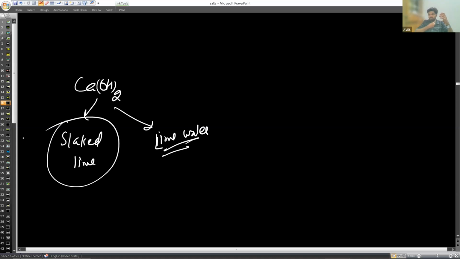Like you can assume that you have milk, and when milk gets hot, it forms malai. You understood malai? Yes, sir. That is like the slaked lime, the precipitate of this one. Let me show you here also, so that you can understand it much better.